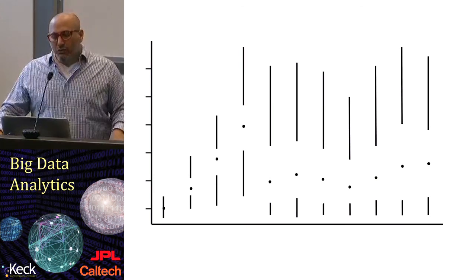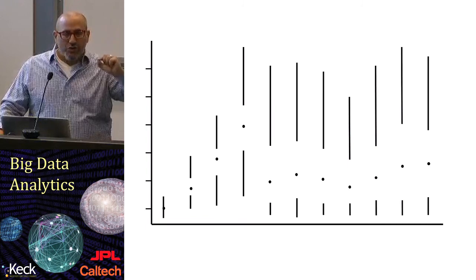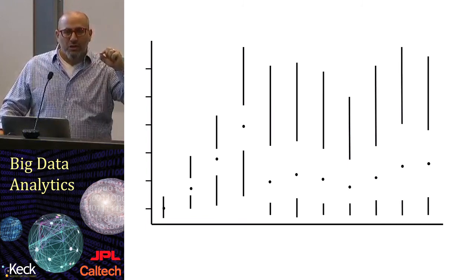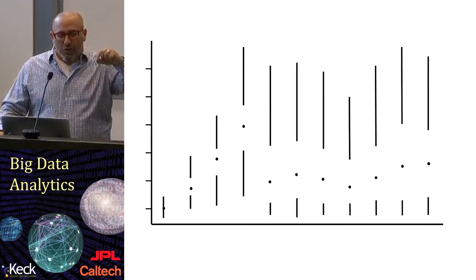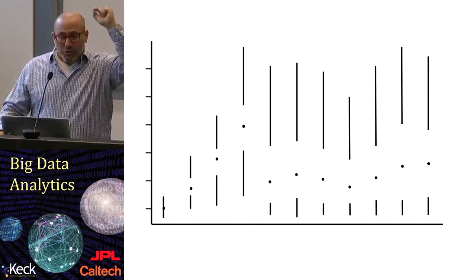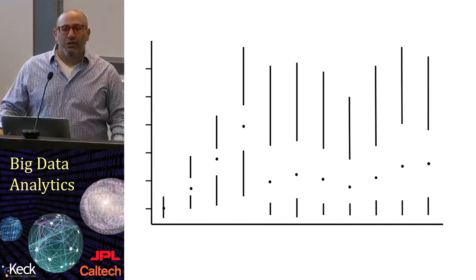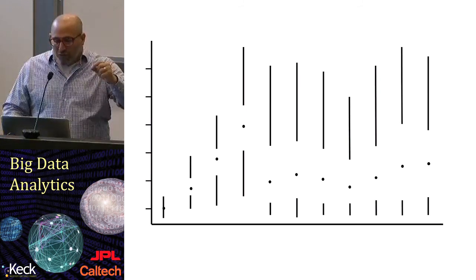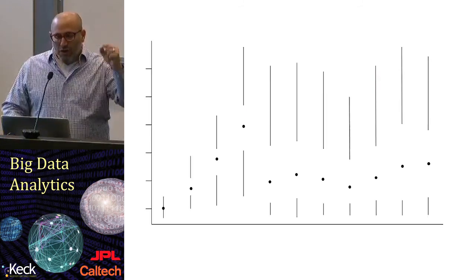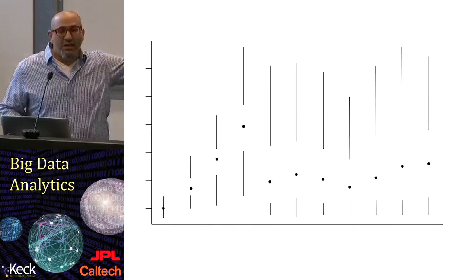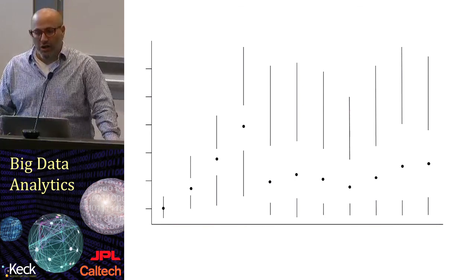But the line is really pointing you just to the end points, right? What it's really showing you is the top line is showing you the maximum data point and the top of the standard deviation. So what if you also diminish the intensity or the width of each line?